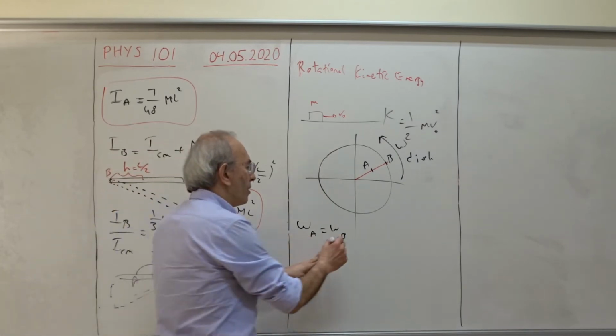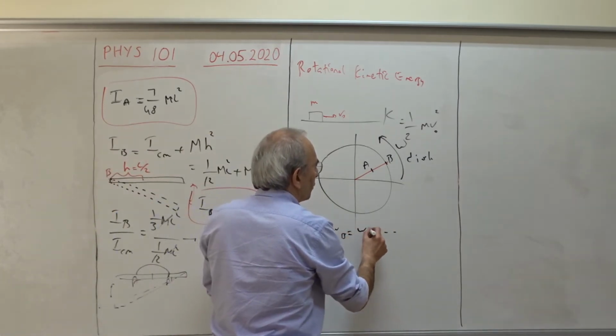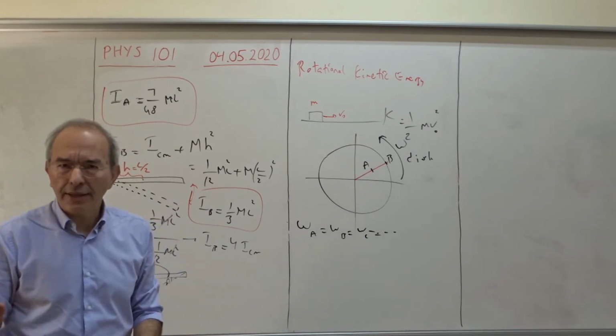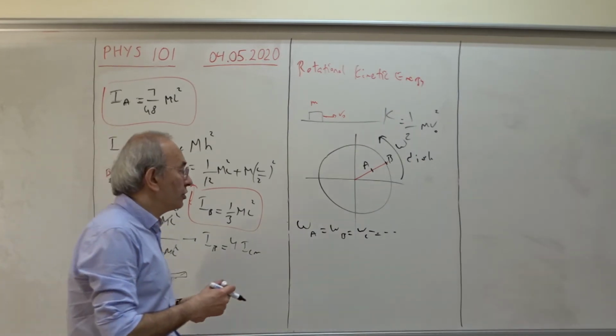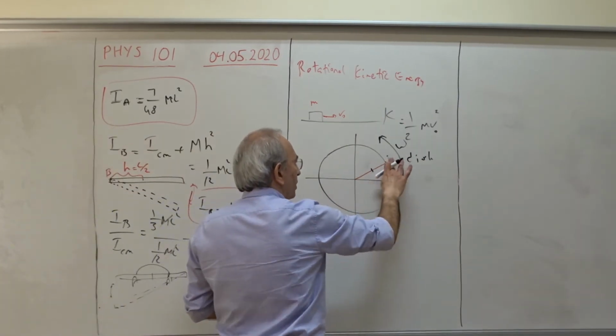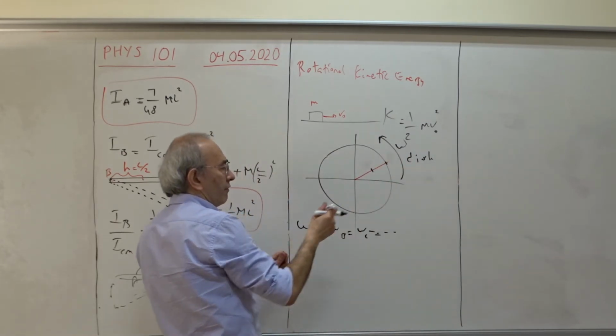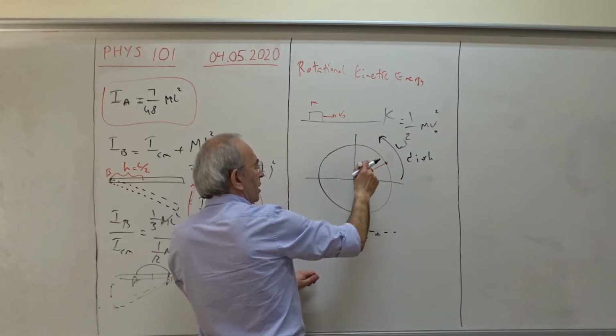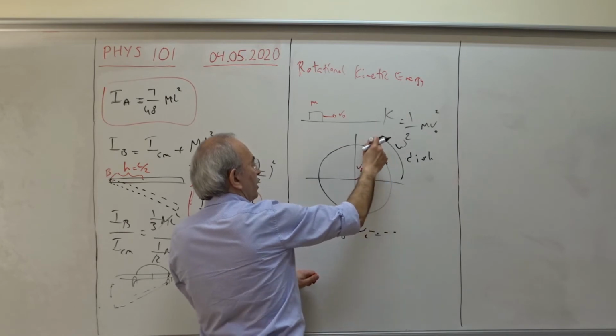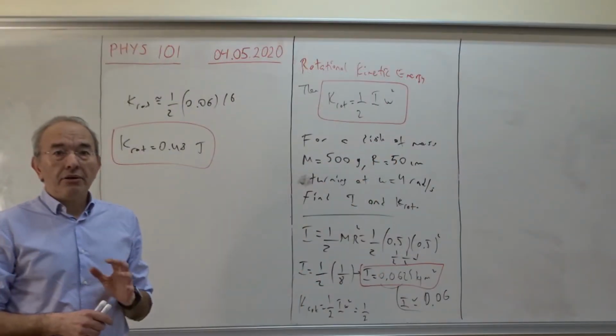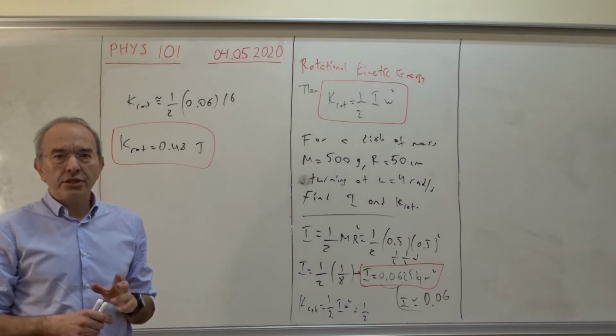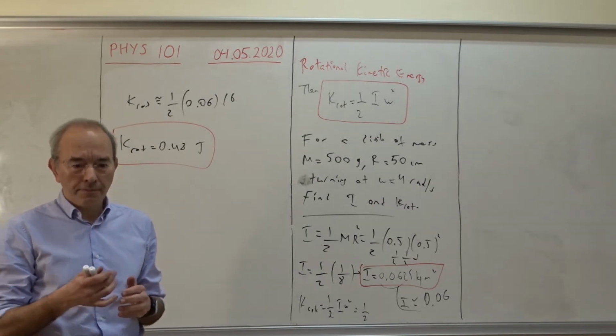So omega A, omega B, omega C have the same omega. However, if you compare the linear velocities, let me use the vectors, say this one is V sub A, that one is V sub B. Now let us apply the idea of the parallel axis theorem to a certain example.